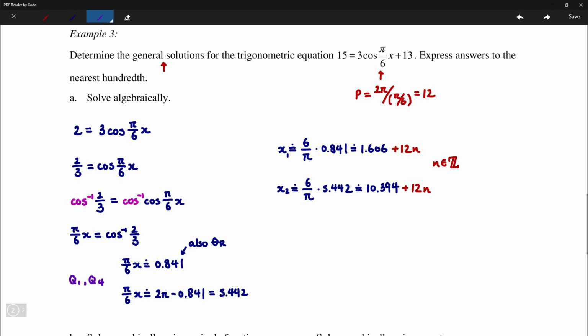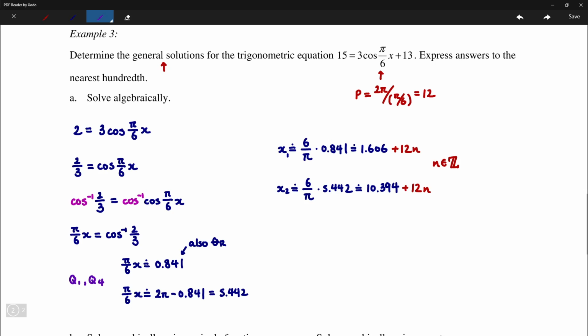And then once we have done that, we'll use the quadrants, in this case 1 and 4, to find out what pi over 6x is. And then we can solve for x, and then we can add the period afterwards. So there's quite a few steps, and it's a rather complex question.